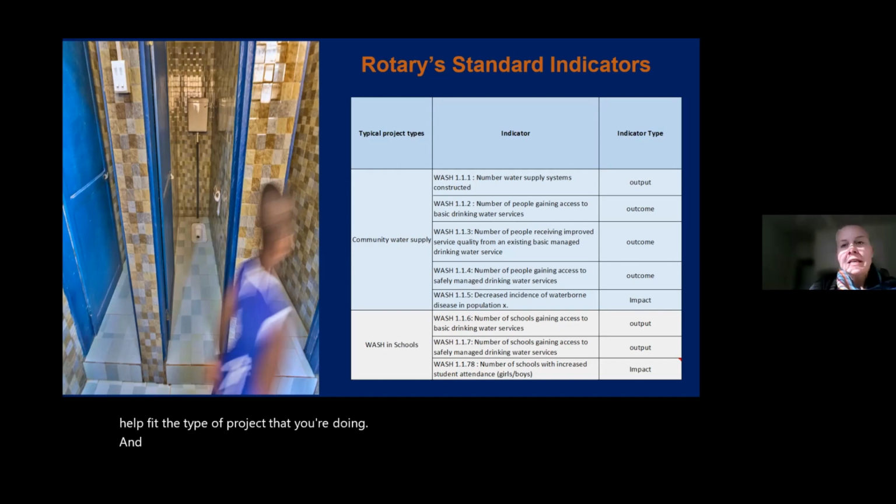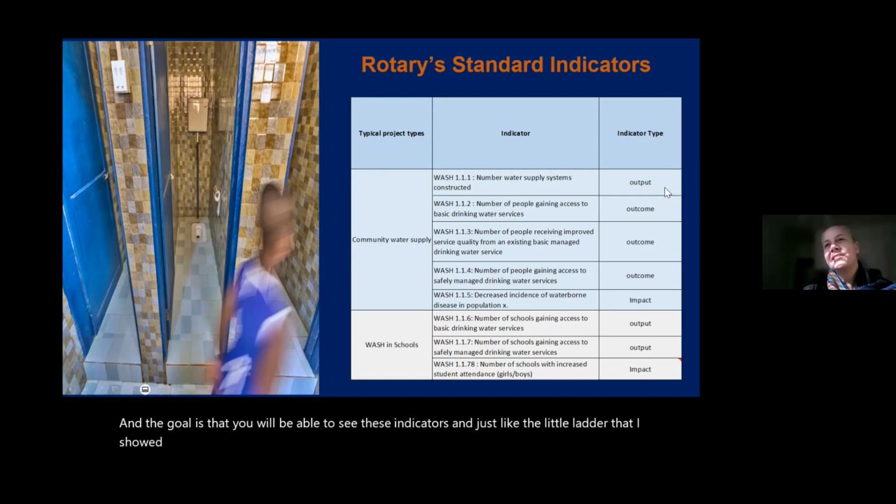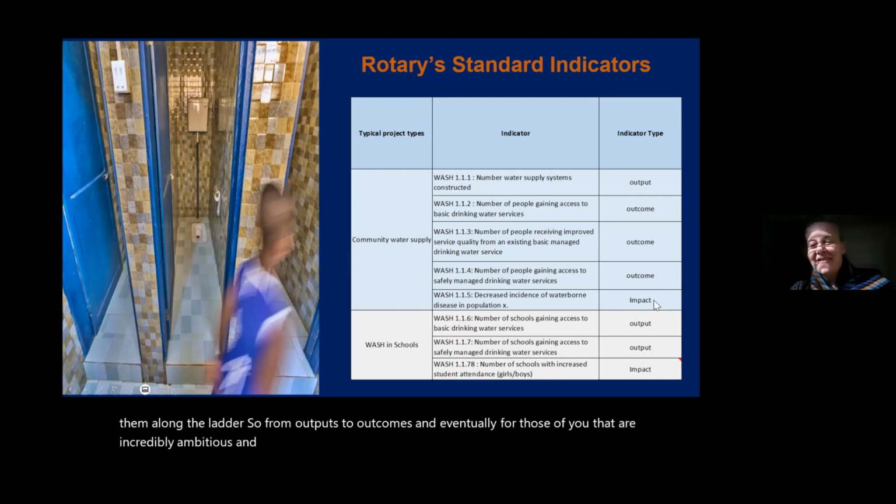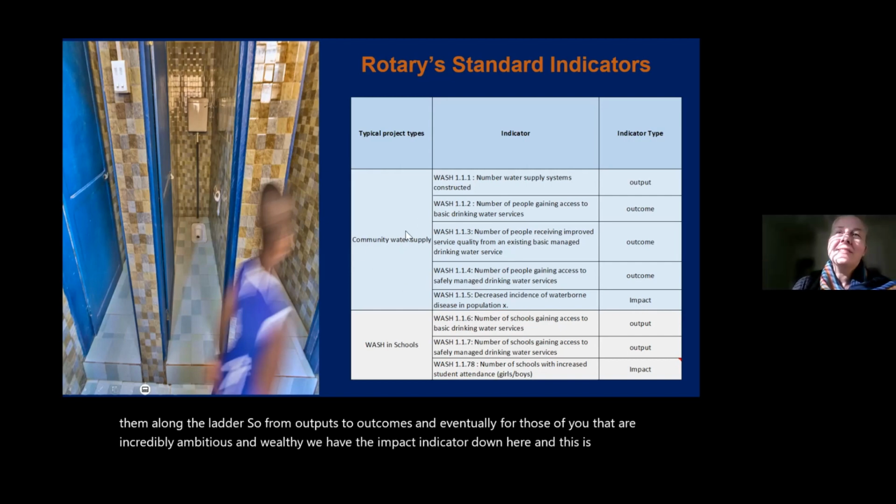And the goal is that you will be able to see these indicators, and just like the little ladder that I showed you before, the colorful ladder, we've taken each of these project types and placed them along the ladder. So from outputs to outcomes, and eventually, for those of you that are incredibly ambitious and wealthy, we have the impact indicator down here, and this is for community water supply.